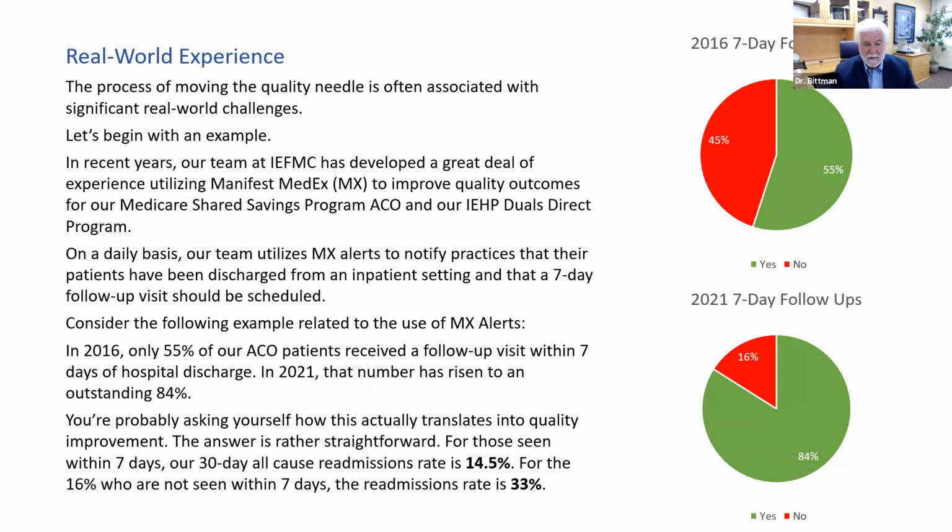However, when you look at the fact that some of our patients, meaning 84% of them, do receive the visit, but 16% don't, for that 16%, the readmission rate is an astounding 33%. So this alone should really demonstrate the value of having this type of information that represents not only a real-world experience, but a real-time update for a practice that wants to improve its quality and help its patients. Can I have the next slide?